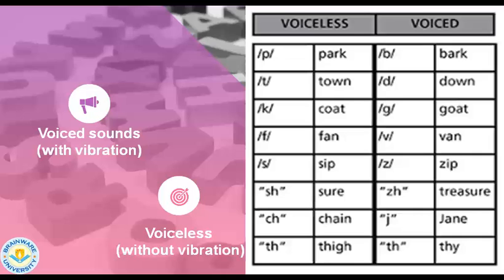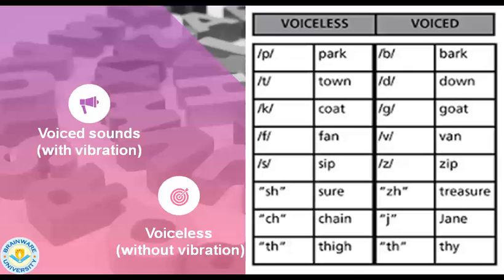If you feel some vibration while pronouncing something, that is a voiced sound. But if you do not feel any vibration, those are the voiceless sounds. So there are examples, see, and the phonemes are put in between slashes. As I have already told you, it is a must to put phonemes in between slashes.